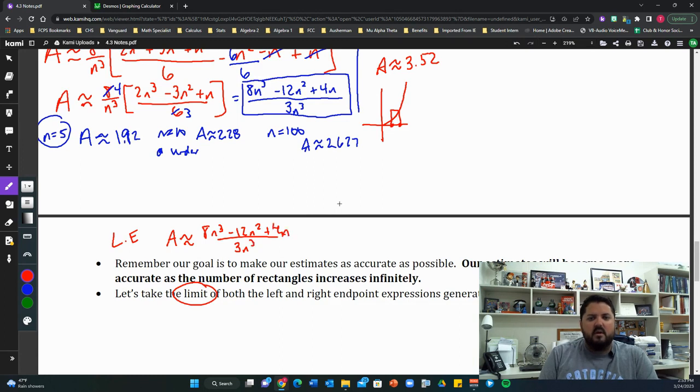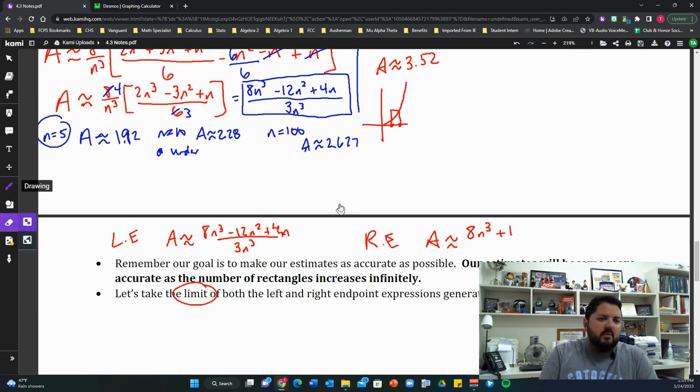Then for our right endpoint, that formula was that area was approximately equal to 8n cubed plus 12n squared plus 4n over 3n cubed. So that was really the only difference in those two expressions, and that was what forced the left endpoint to be below and the right endpoint to be above.